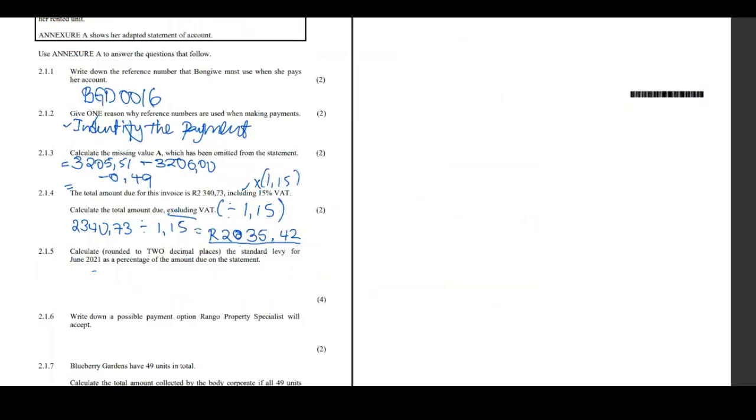But take note, because you need a percentage, what you have to know is that to get a percentage, you get a fraction and multiply it by 100. So in this case, we take the levy because it's smaller than the amount due, and here you put the amount due.